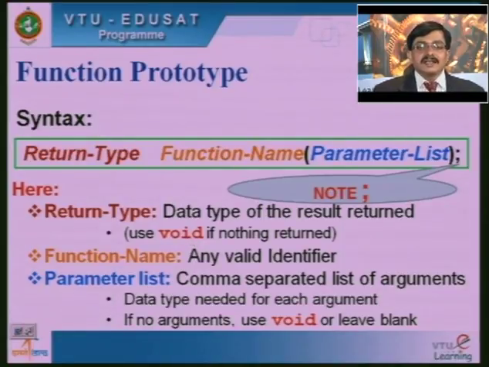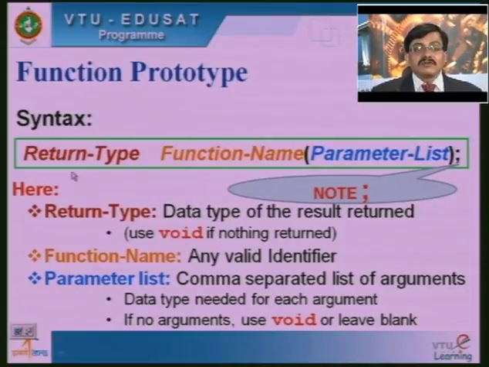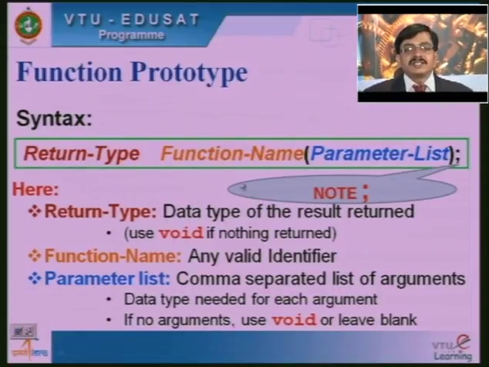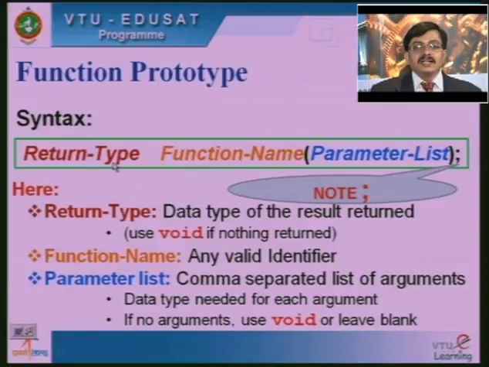The reason is that the size of the void data type is 0 bytes, so it does not allocate any memory even if we declare a variable of type void. That is why the C language does not allow the programmer to declare a variable of type void. But in the case of a return type of a function, we specify void when we mean that the function is not returning any particular data.